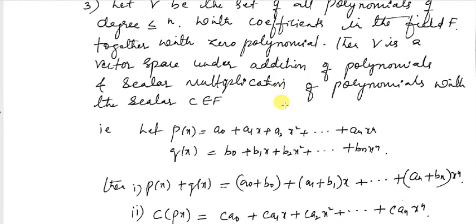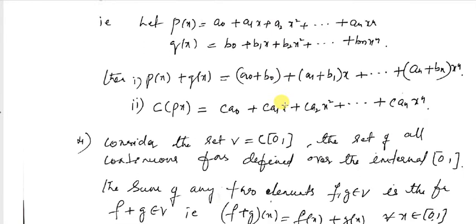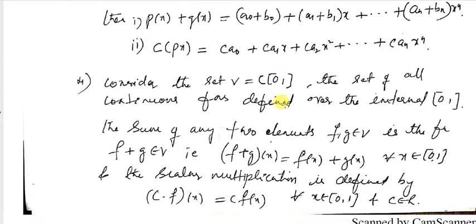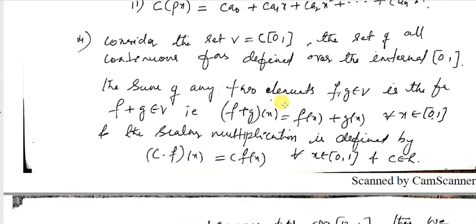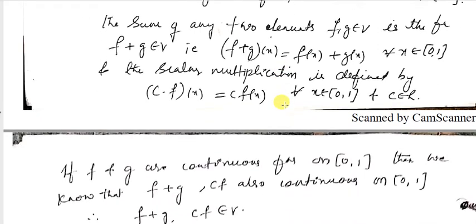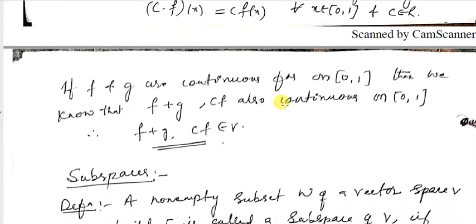So this is how we can show the matrix of order m cross n is a vector space. We have also given some more examples. You can go through it.